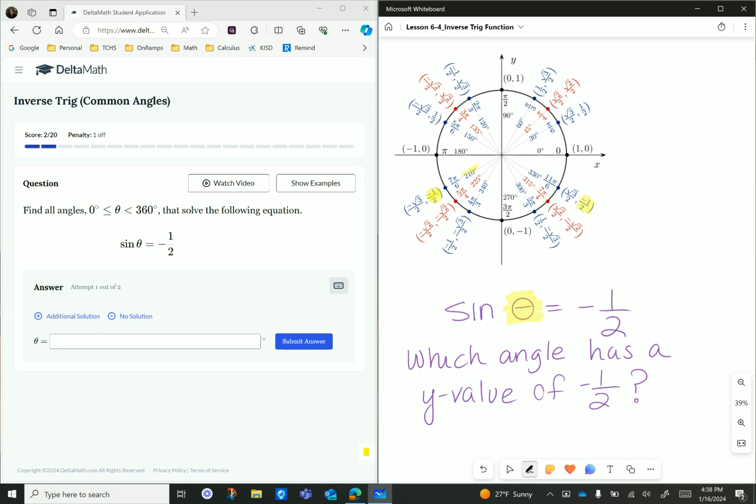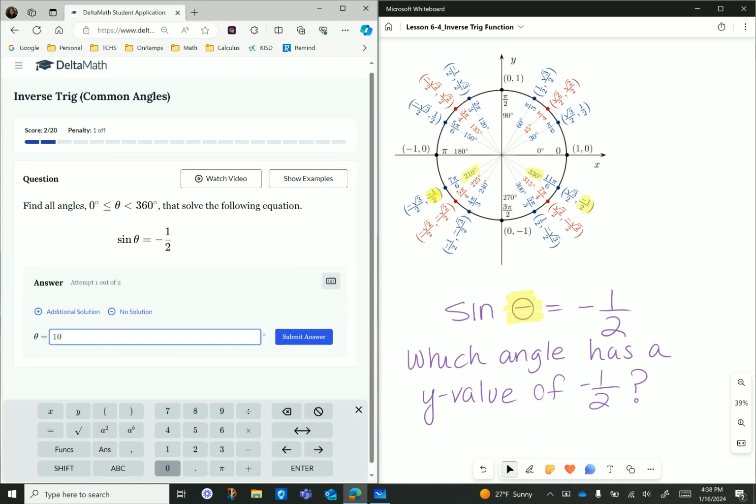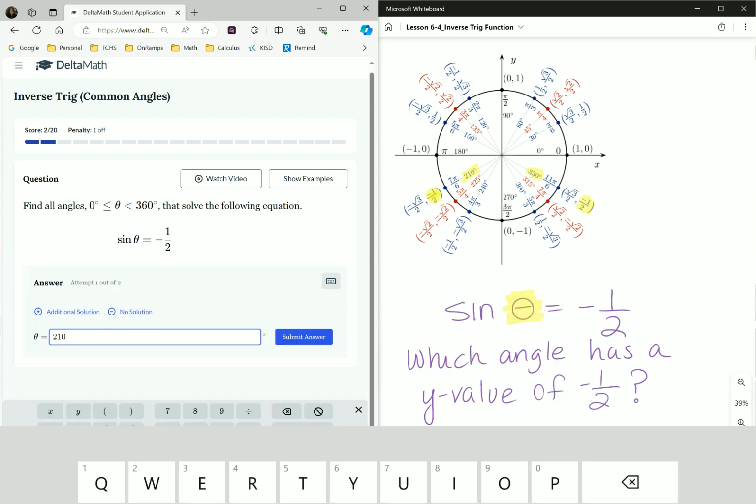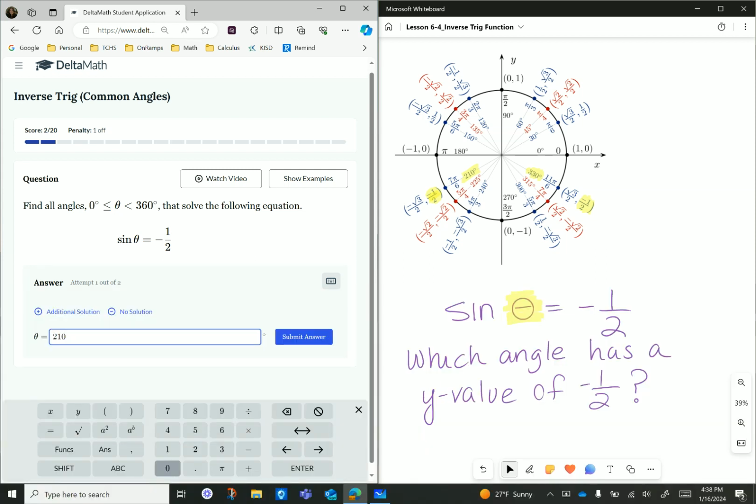So those angles that I'm going to type are 210 and 330. So 210, and what's my additional? 330. And I needed to click in the other one.